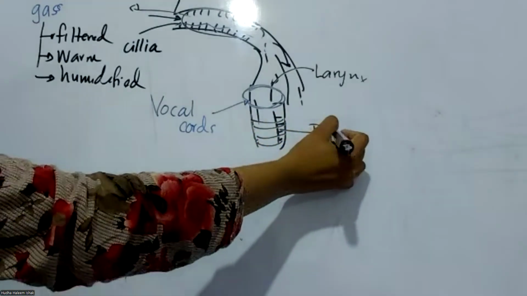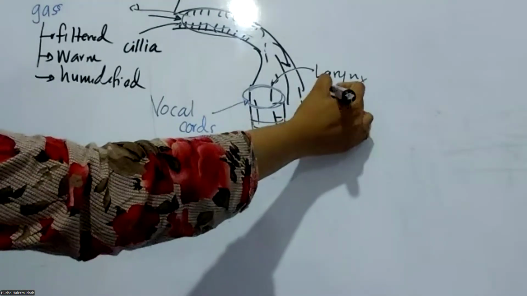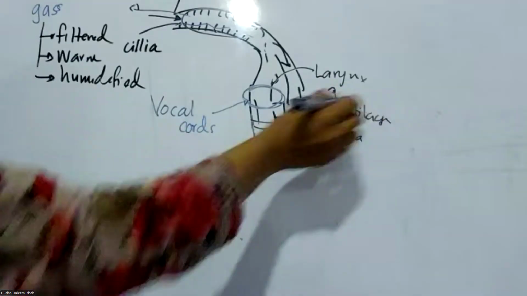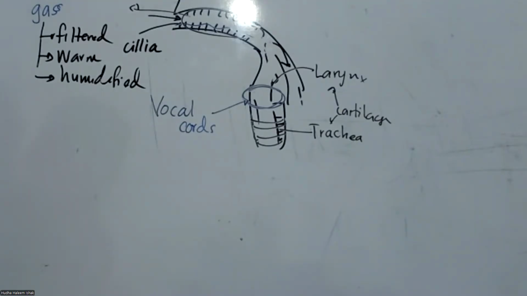Both are made up of cartilage. Why? Because they have to keep the airways open always. That's why the larynx and trachea are made up of cartilage.